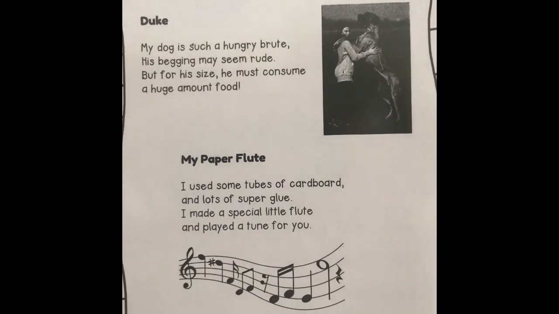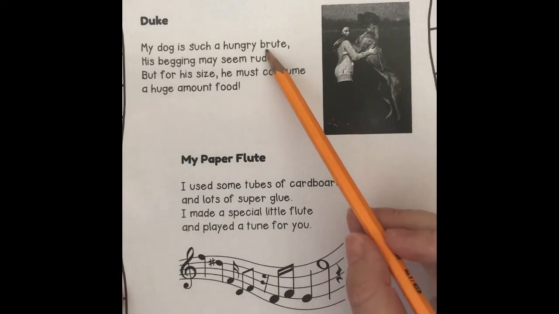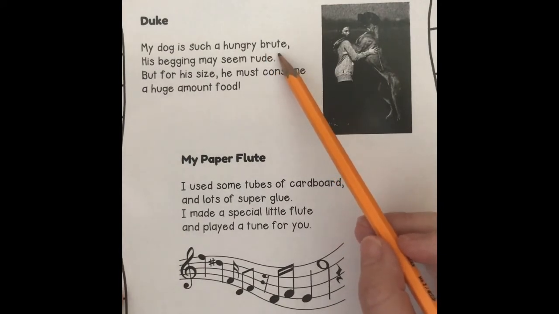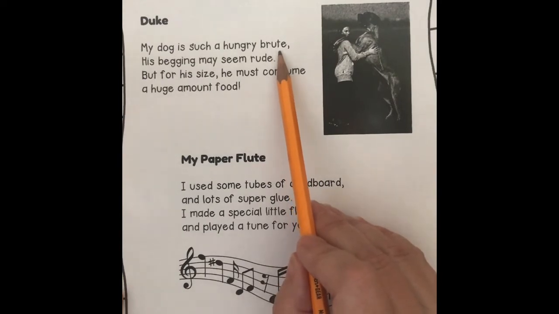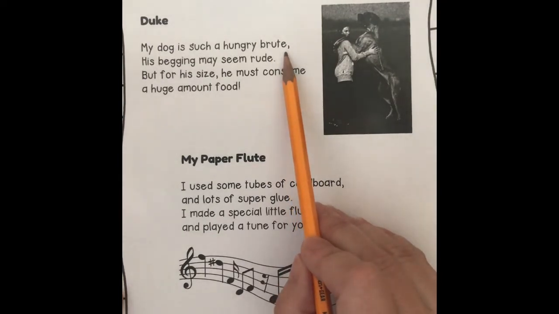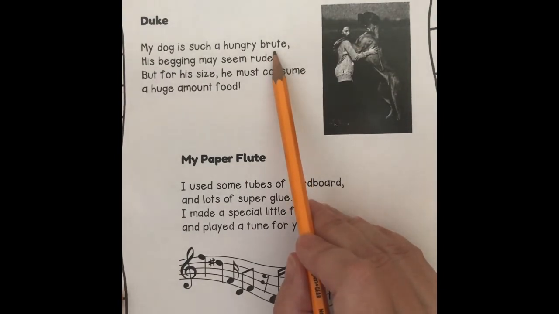The first way, the most common way, is, for example, in this word, brute, where you have the U and then a consonant and then the silent E at the end. Remember, the silent E makes the vowel say its name.